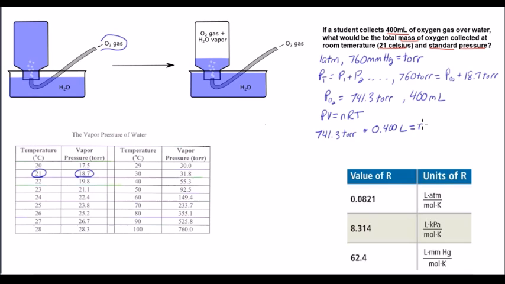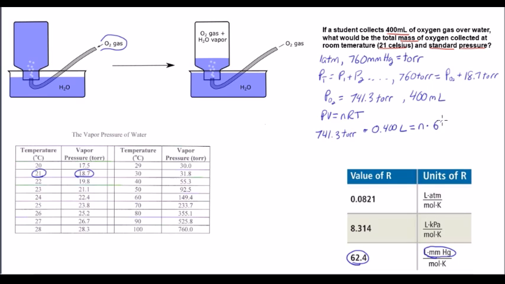All right, that equals number of moles. This is not mass, this is number of moles, times R, which is a gas constant. And remember, we have several gas constants depending on which situation you have. In this particular case, we're dealing with torr, which is the same as millimeters of mercury. So let's look down here and we can see, yeah, we've got one for millimeters of mercury. It's going to be 62.4.